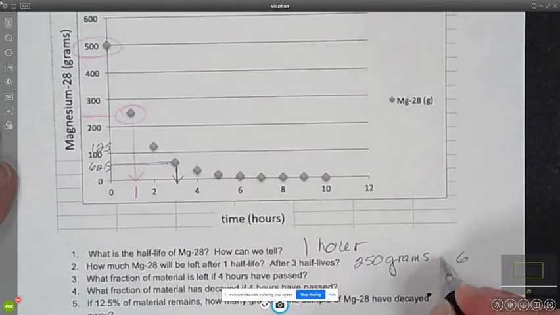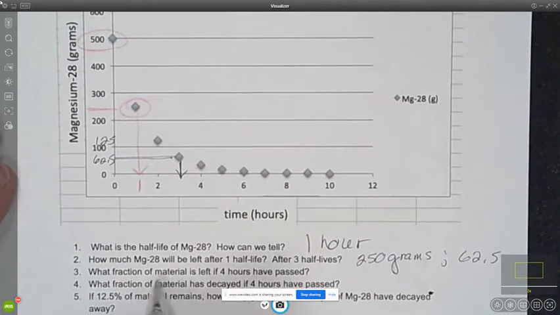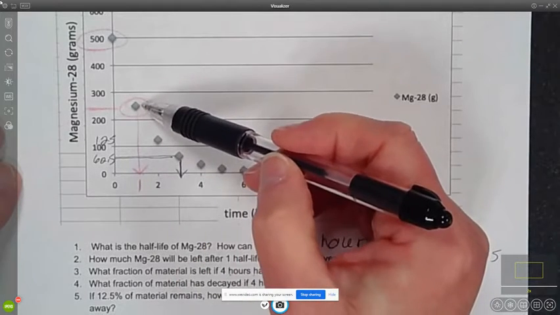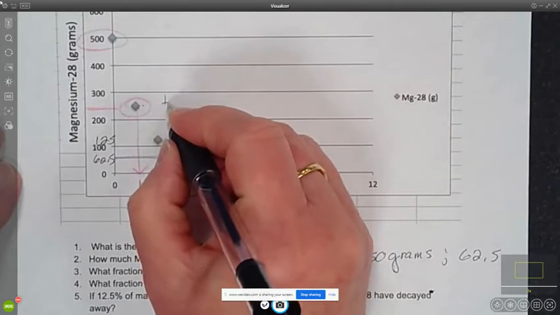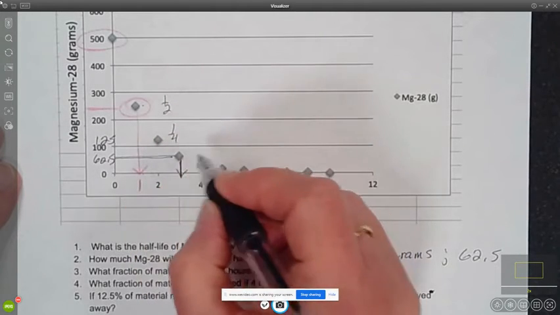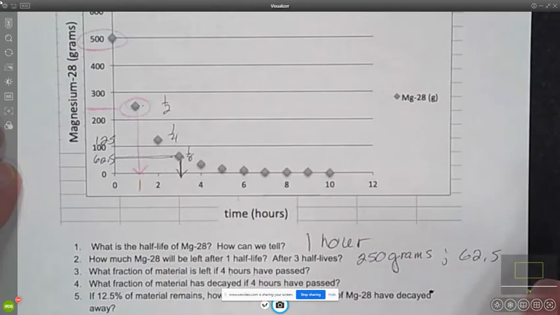So that's 62.5 here. What fraction of the material is left after 4 hours have passed? So this is 1/2 of the material. This one's 1/4. And half of that is 1/8.